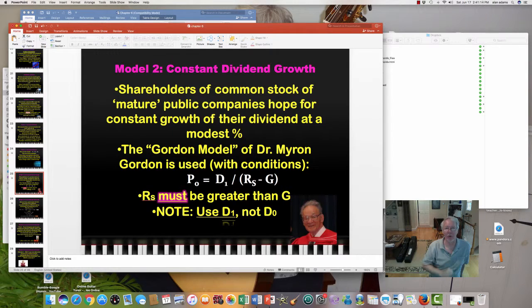You need to know this before you wrap up my course, obviously, but also before you continue your courses of study in investment science. Okay, so when you have a mature public company that is paying a dividend, you not only want to receive that dividend, you expect that dividend, but you also hope that it's going to grow, and usually these grow at a very modest percentage, but it is growth nevertheless.